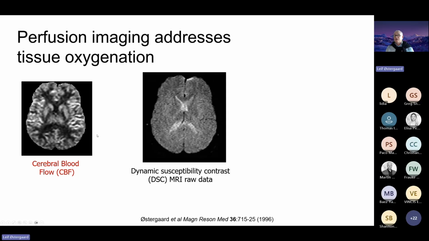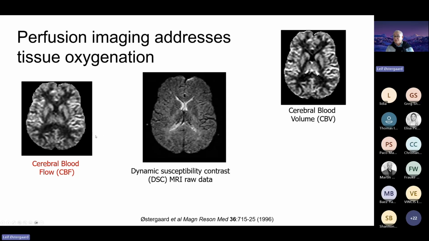We also generate other maps. Cerebral blood volume, they look a lot like CBF images, but they show not the blood supply as cerebral blood flow does, but how much blood volume, so what is the density of blood vessels in a given part of the brain.